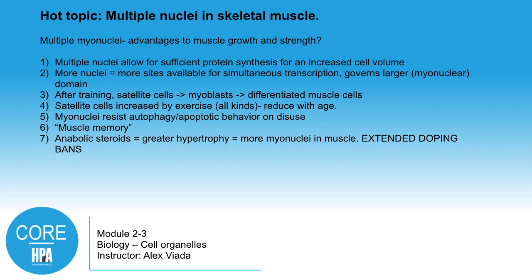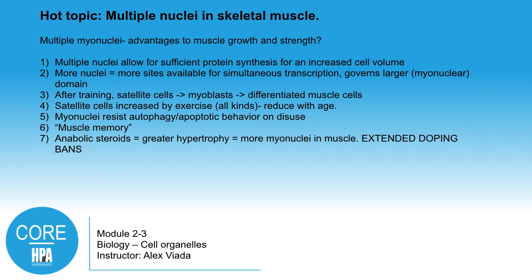Now, when we talk about satellite cell differentiation, a satellite cell is basically a germ cell that can become anything. As it starts to differentiate, certain processes start to activate that make the cell take on a unique characteristic. These satellite cells take on the characteristics of muscle cells, become myoblasts that are then incorporated into the existing muscle cell itself. That nucleus then becomes part of the main muscle cell.